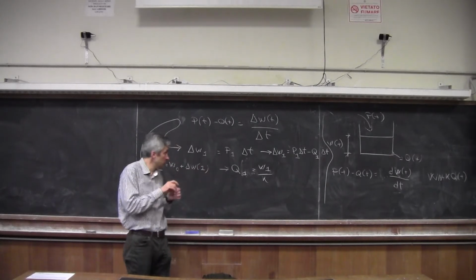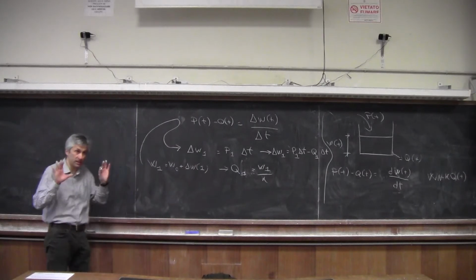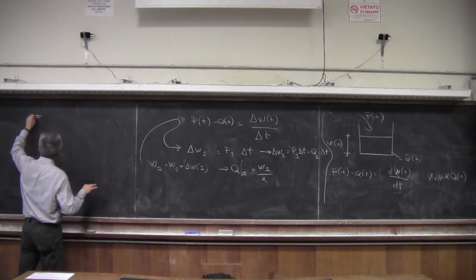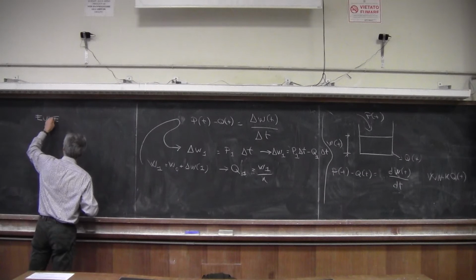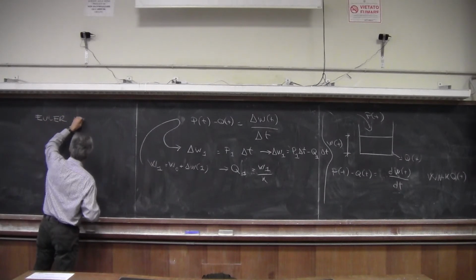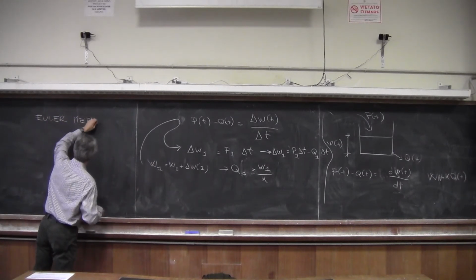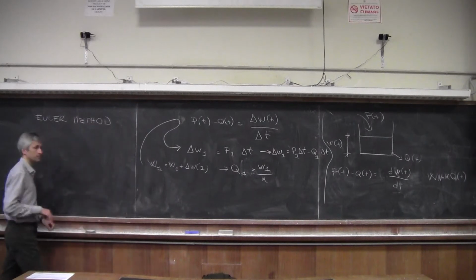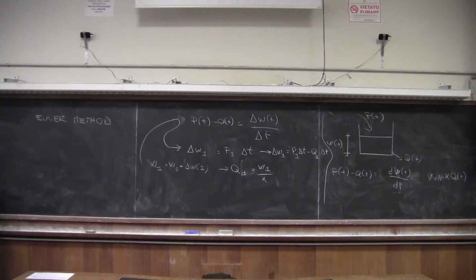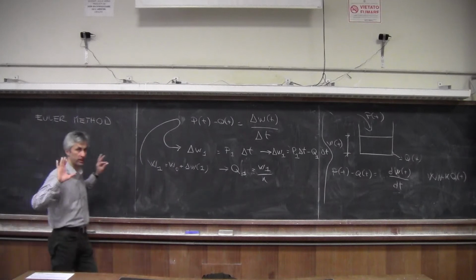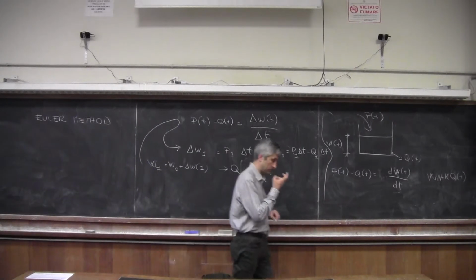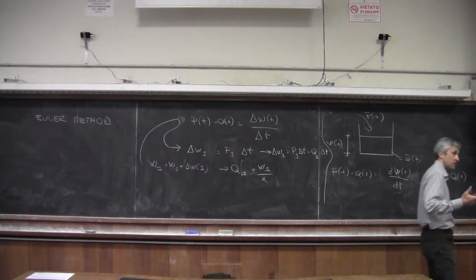And this method of numerical integration is called the Euler method. In Italian, metodo di Eulero, which is the simplest method that you may use for numerical integration. But of course, it has some approximation.